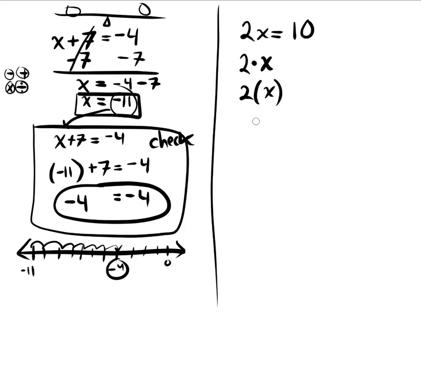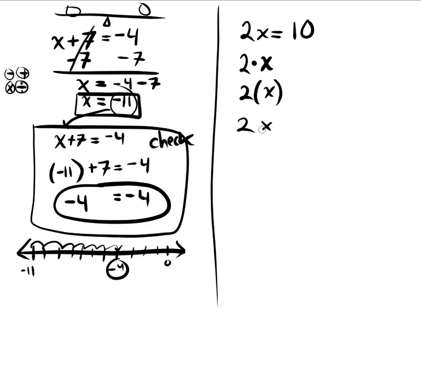Because multiplication is the operation present, what I need to do to undo that x being multiplied by 2 is actually do the inverse operation. So if multiplication is the operation present, the operation that's opposite of that is division. So I'm going to take my original thing here.